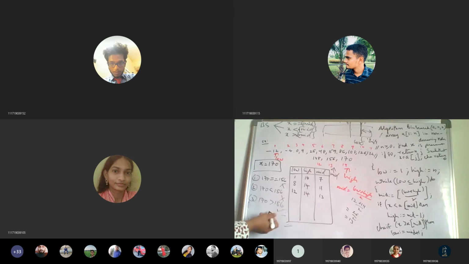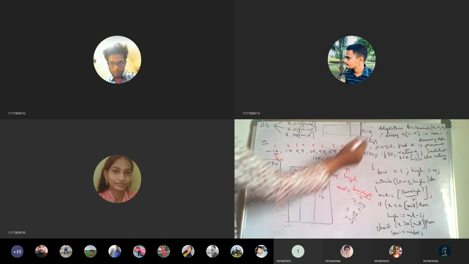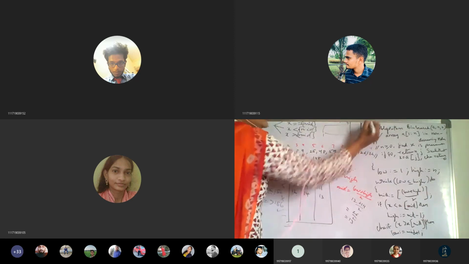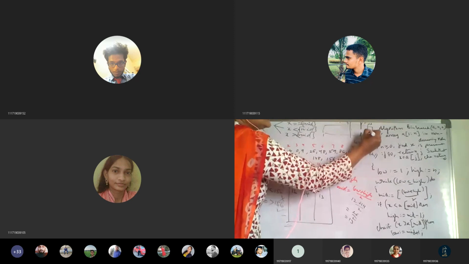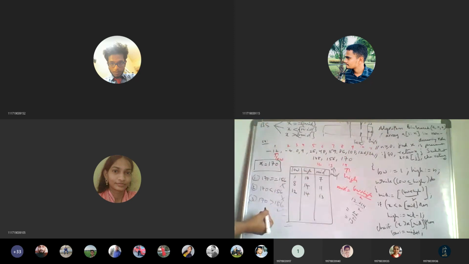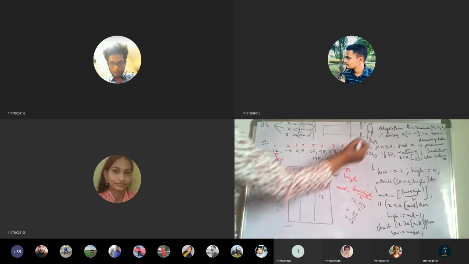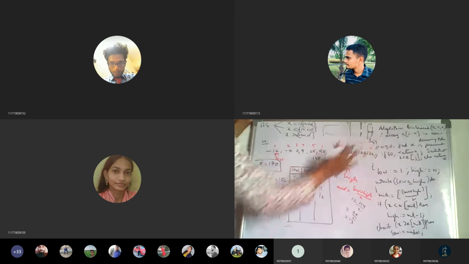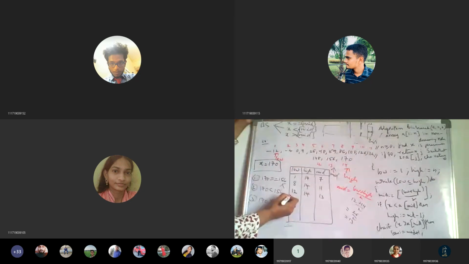So again we can find in the range where the mid became 13, so now the search area is further reduced. At 13, what could be the next low value? Low will be mid plus 1. What was mid? 13.